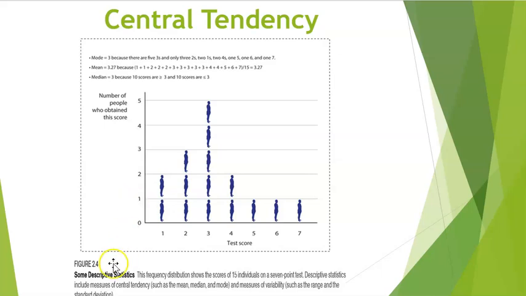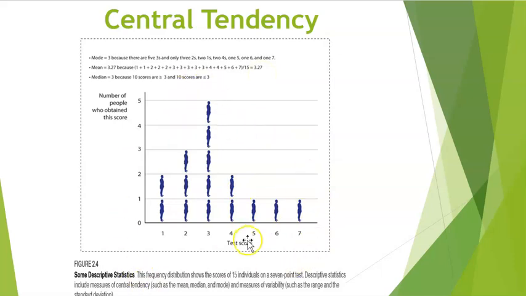The next would be the mean. What you're going to do is add up all the scores: 1 plus 1 plus 2 plus 2 plus 2 plus 3 plus 3 plus 3 plus 3 plus 3, and so on. You add up all the scores and then divide by the number of participants. Here we have 15 total participants. So our mean, or the average, is 3.27.